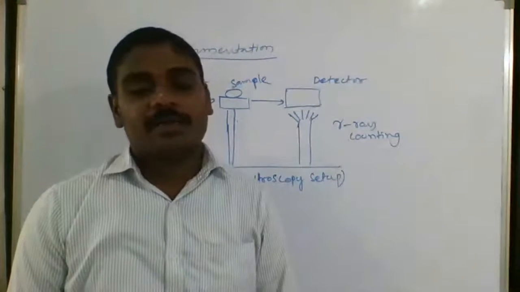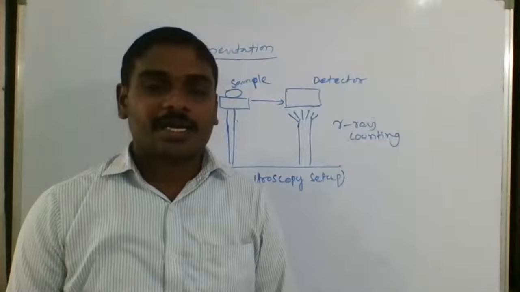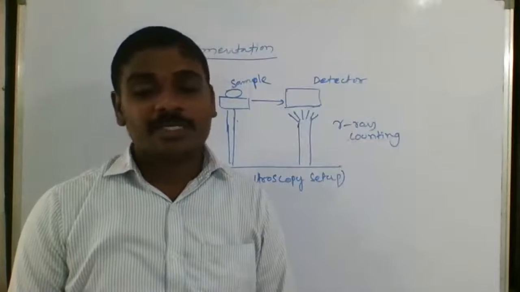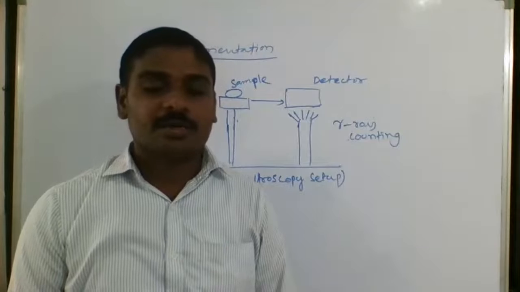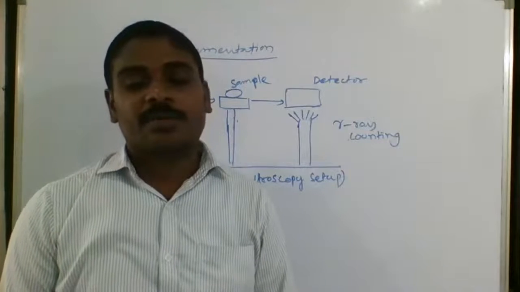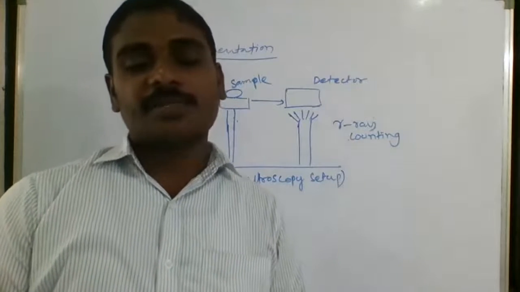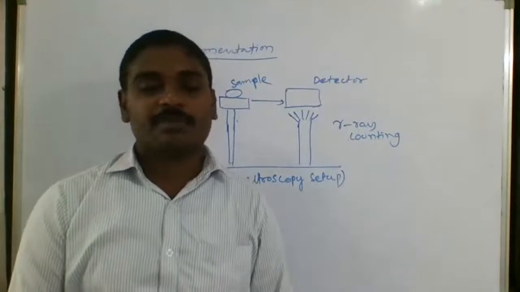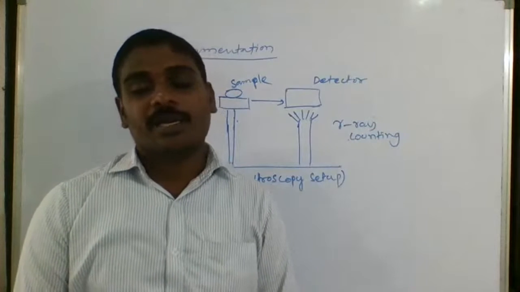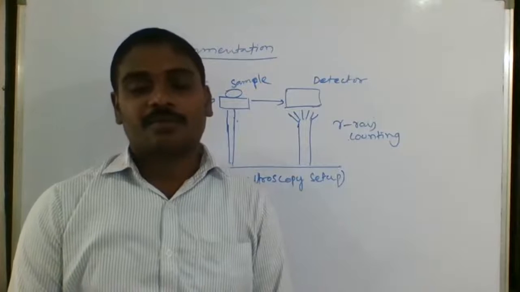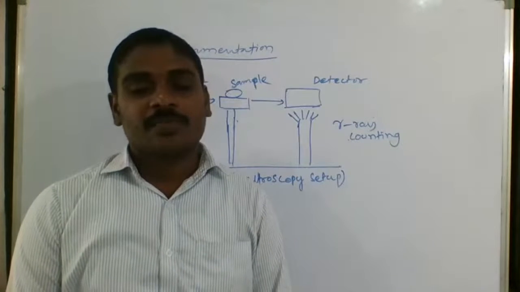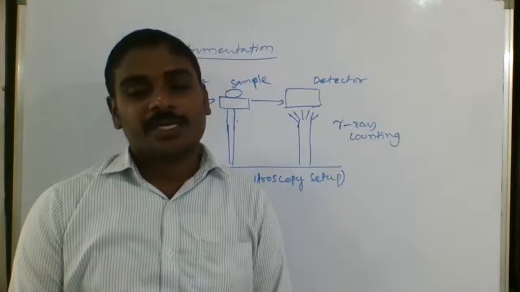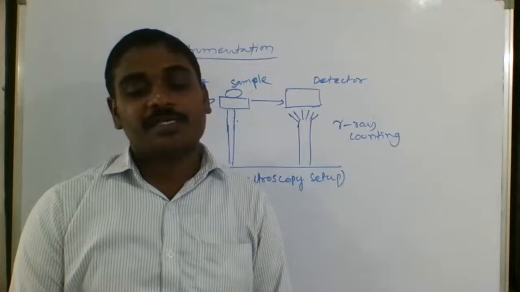The Mossbauer spectrum is useful to detect iron and tin from their ores, alloys, and waste materials.